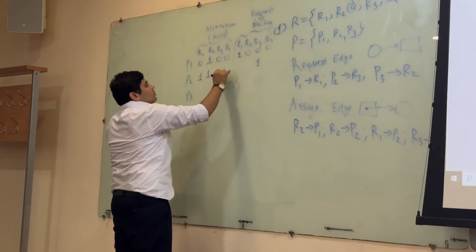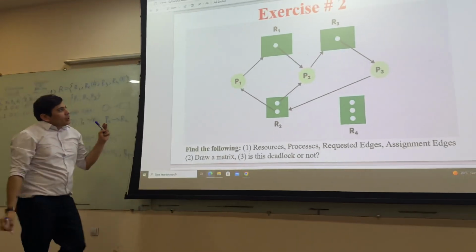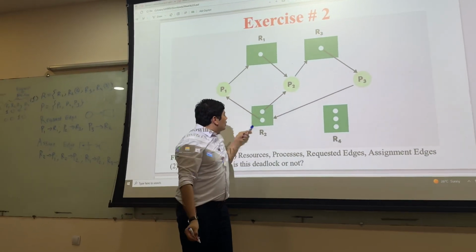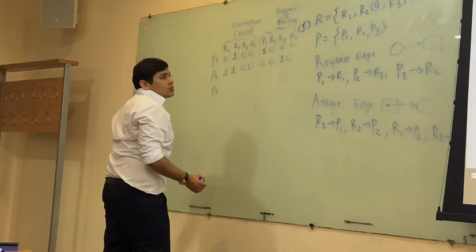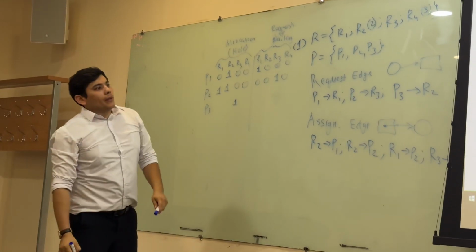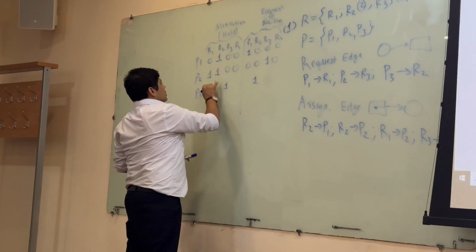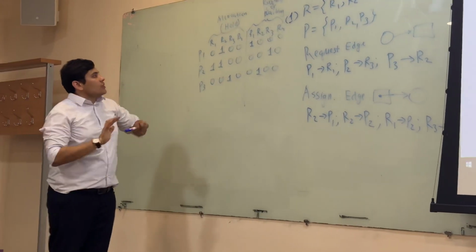All other parts are 0. Now P3: it is only holding R3 and it is requesting R2. All other parts are 0. So this is the matrix.